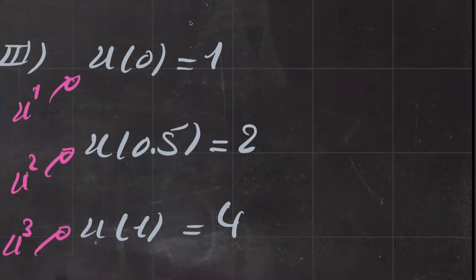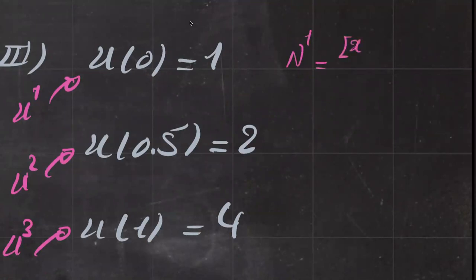So N1 is x minus 0.5, because it must be 0 at 0.5 here, times x minus 1, because it also must be 0 at 1.